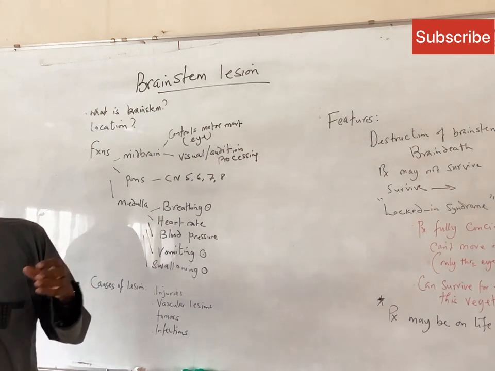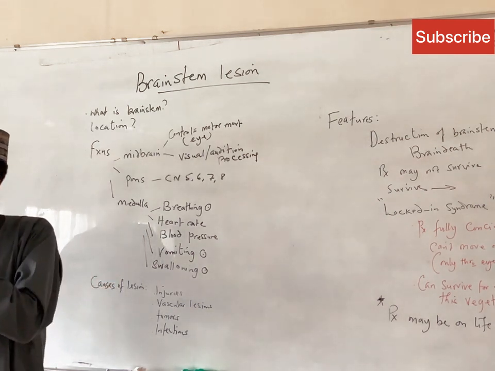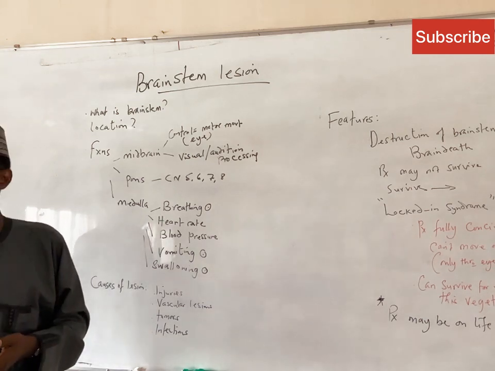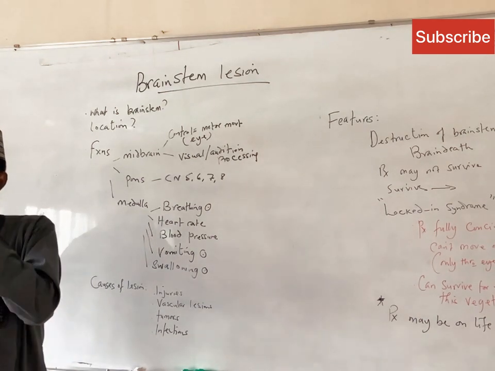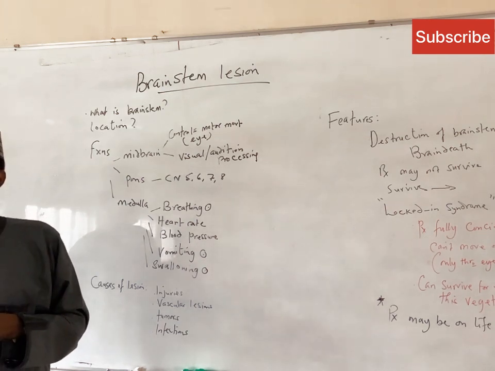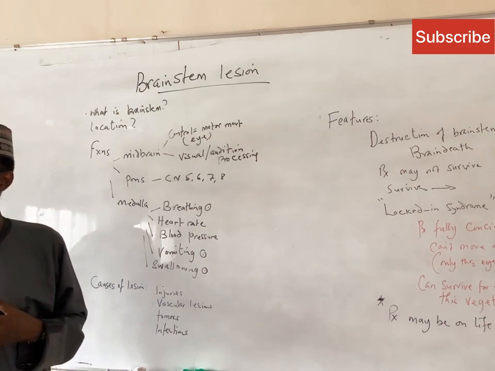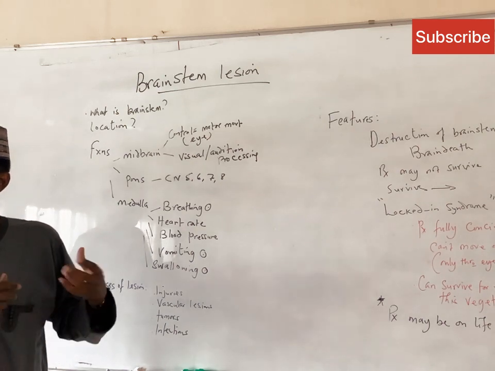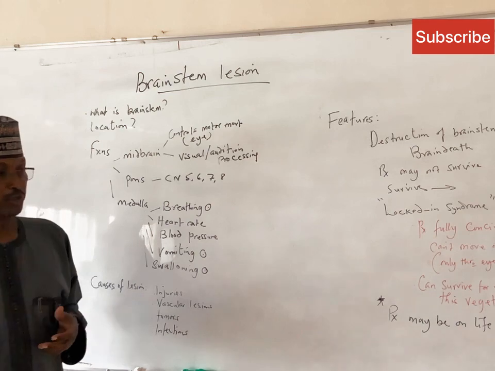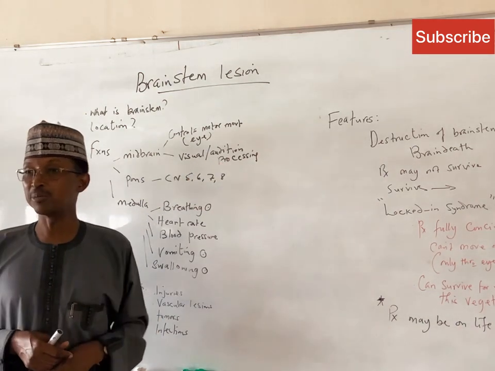When somebody contracted coronavirus, they tended to have difficulty in breathing. They had to go to an isolation center, where they were given oxygen to breathe in, because the breathing pattern was affected. So it is with a person with brainstem damage.